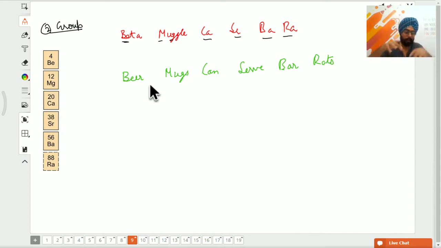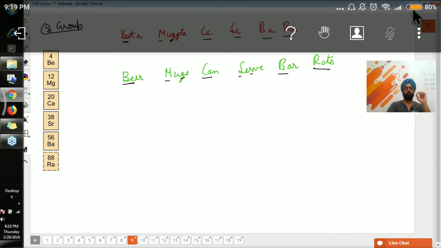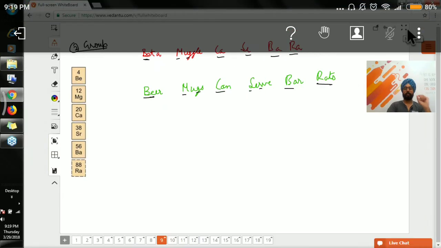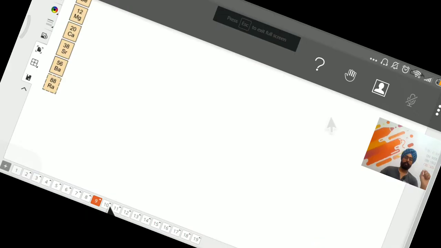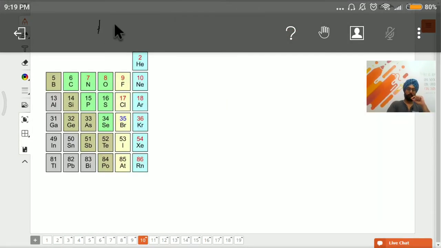You can imagine a bar, rats are running around trying to drink beer from huge beer mugs. And as you can see, again, we have beryllium, magnesium, calcium, strontium, barium, and radium. All right, guys, cool. Now, I believe all of you guys are super intelligent. You must have gotten this method easily by yourselves. Okay, so what I'll do is I'll move on to the P block.